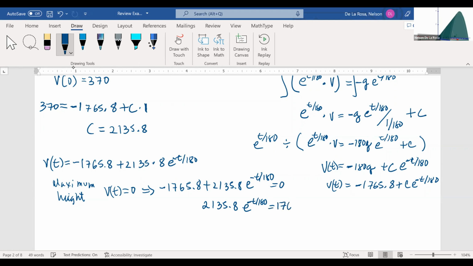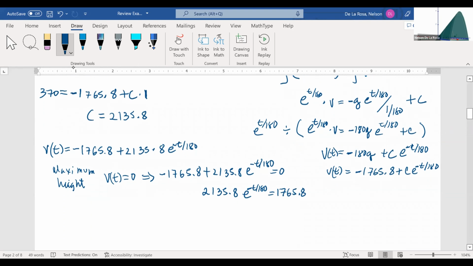So we move the constant to the other side, then divide by the coefficient of the exponential, and then we have simply e to negative t over 180 equals 1765.8 over 2135.8.